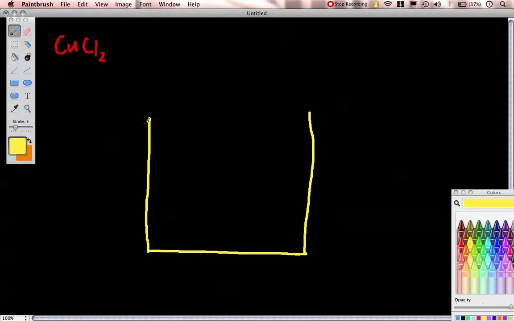So guys, by molten copper chloride, I mean it's in its liquid state, so essentially it's been melted. So this beaker is full of molten copper chloride. Now guys, in actual fact, because it's no longer in its lattice form, these ions are now free. So we can draw some in like this.